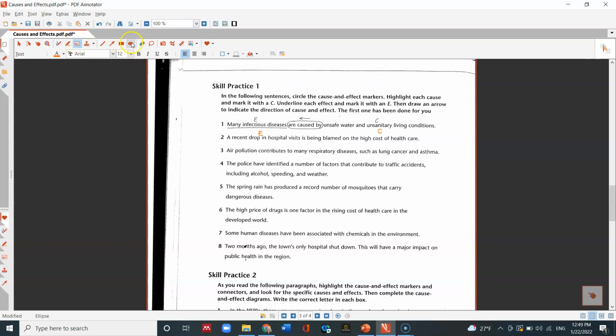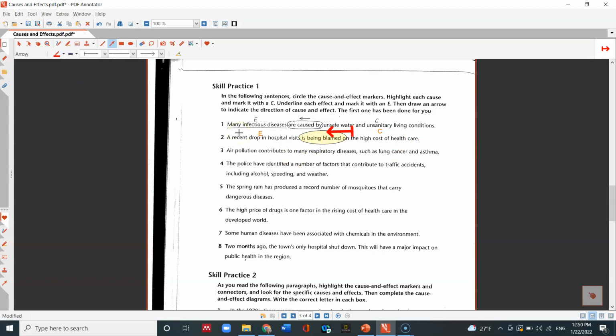Okay, what's the word in this sentence that shows the cause and effect? It would be this verb phrase, being blamed on. So this is the cause and this is the effect, okay? We would draw our arrow going in this direction, right? Because it's showing from the cause to the effect.